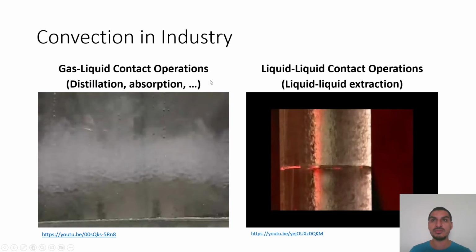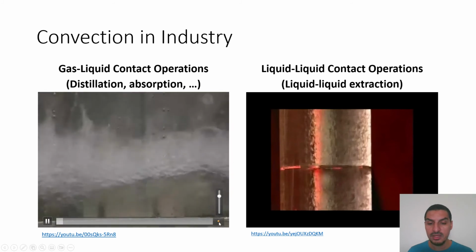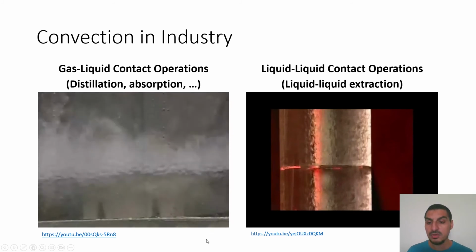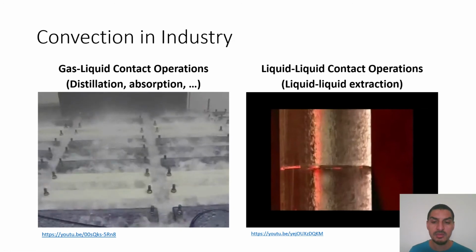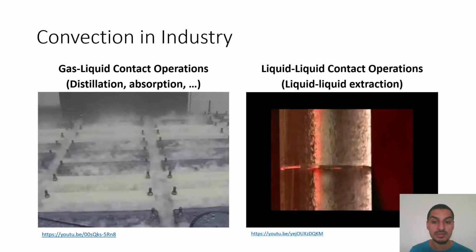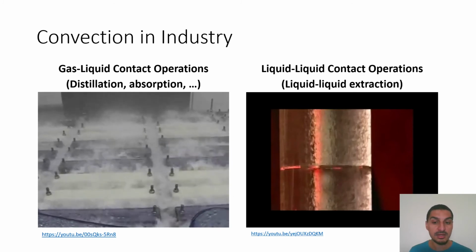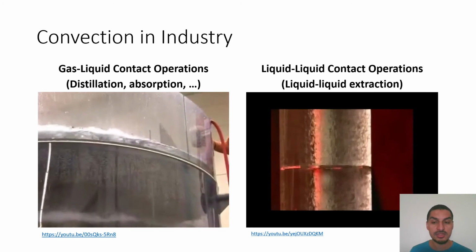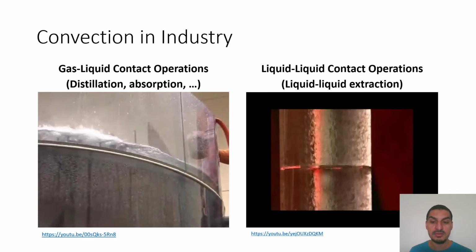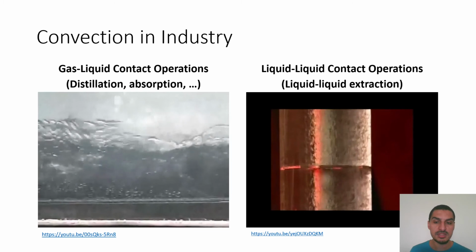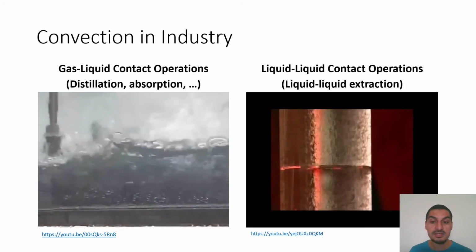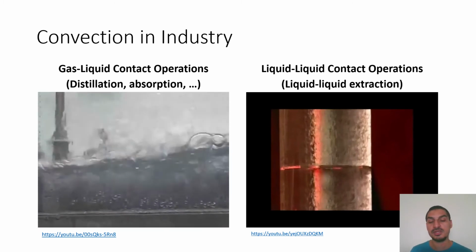So one example here is for gas liquid contact operations, for tray columns. In the tray column, you have a tray with holes in it where a gas is bubbling in a liquid that's on the surface. The design is made so that we have an optimum behavior, so that we have a lot of bubbles, and as you see here, the bubbles are coming out from the liquid surface at a high velocity, and this velocity increases the turbulence in the system, and this creates a lot of bubbles, which is the area of mass transfer, so you increase the rate of mass transfer.